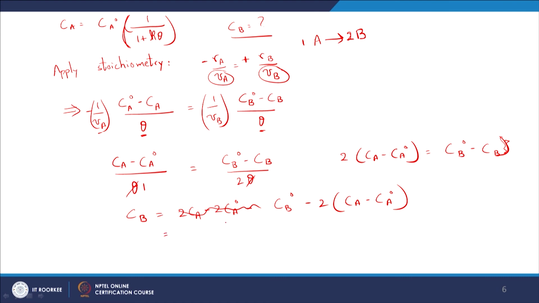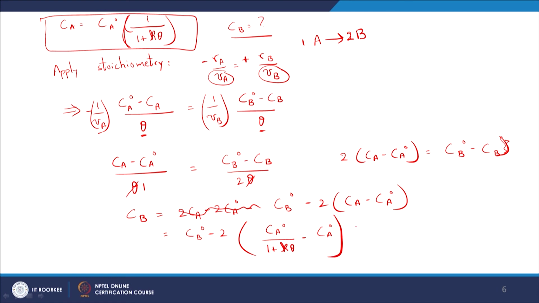And let us see what we have here. Cb naught minus 2 times, and Ca we know from this equation here. What is Ca here, please? Ca naught by (1 plus k theta), minus again Ca naught. So that is going to be equal to Cb naught minus 2 times Ca naught, I am going to take that out, times (1 by (1 plus k theta) minus 1), which is minus k theta by (1 plus k theta).